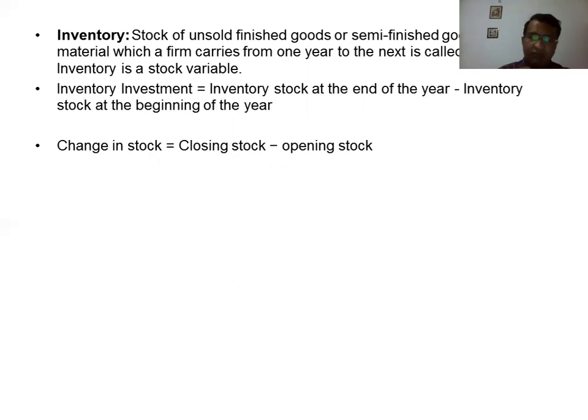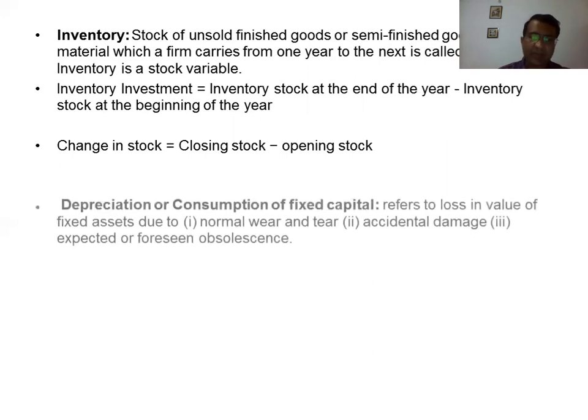For example, to calculate the inventory investment or change in stock during 2019-20, the opening stock is at the start of 2019, and 31st March 2020 is the closing stock. The difference is called change in stock. It means inventory investment during that particular year.